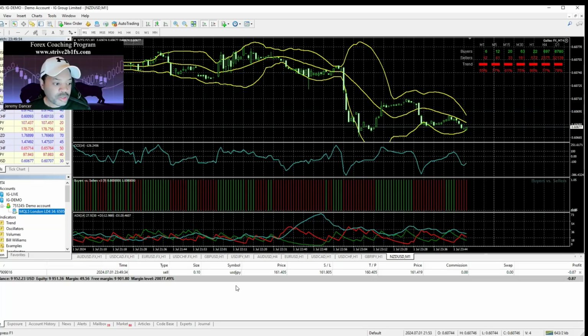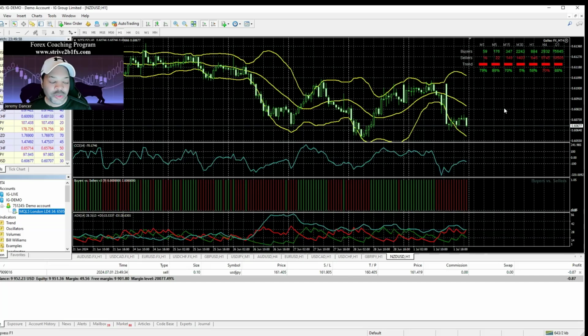All right, so the US dollar Japanese yen placed a trade. So now I'm just going to wait until the New Zealand US dollar places a trade, and then I'm going to change the other one. Let's see, I chose the wrong one.